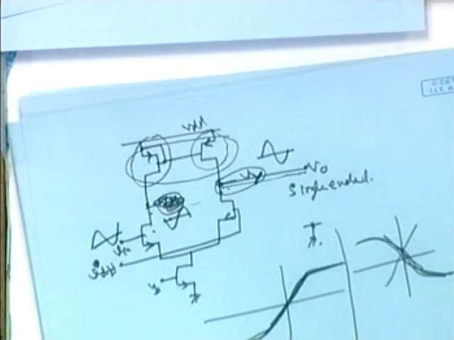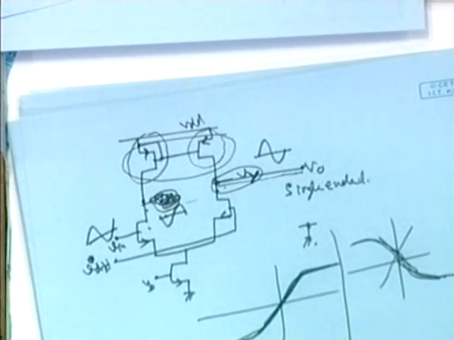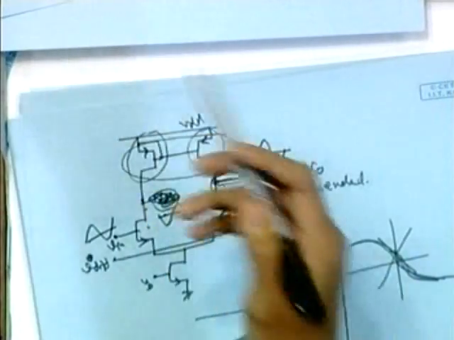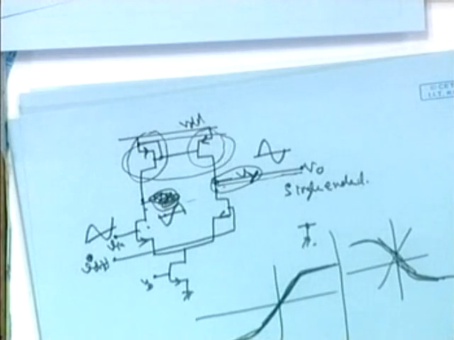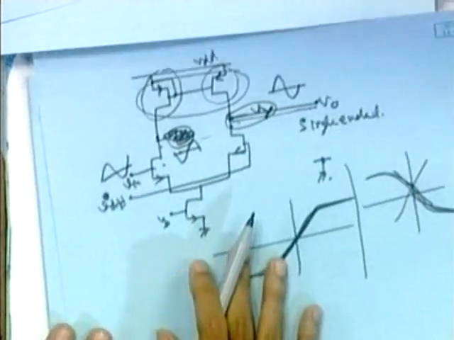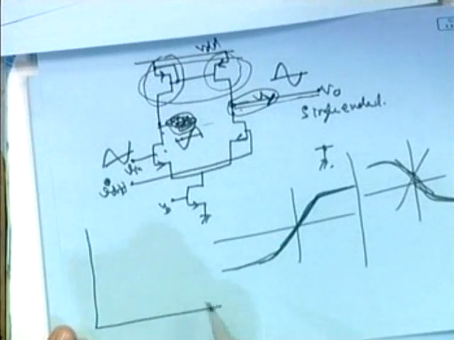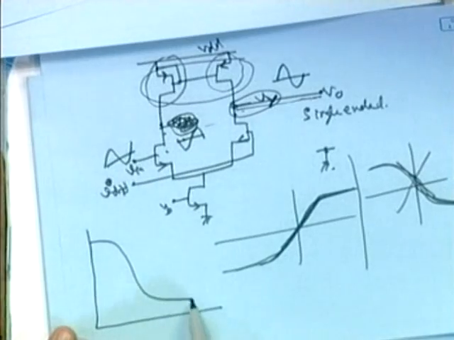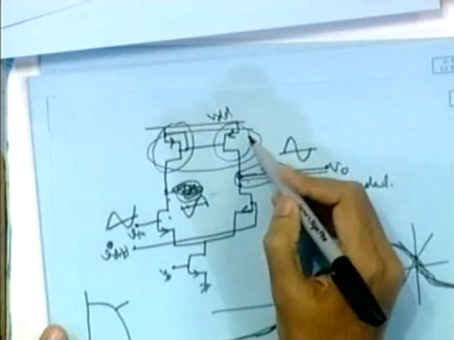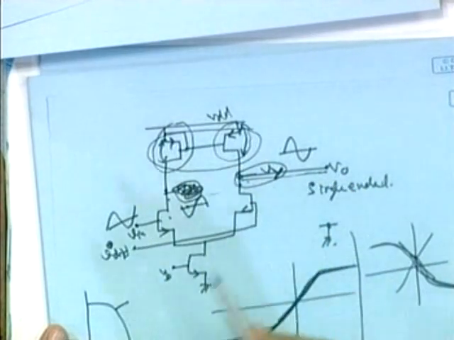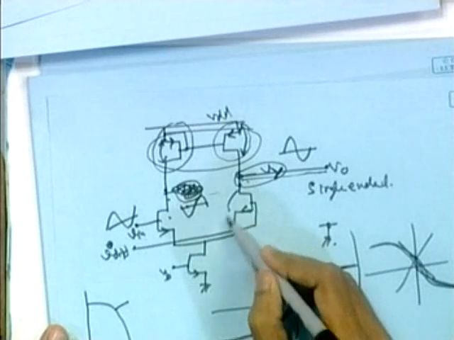So after this cascode structure, you can also have a folded cascode. You can fold your input device in another way to reduce your overdrive, because whatever circuit you design, your transfer characteristic will look like this. The upper limit will be limited by the overdrive of these transistors, and the lower limit will be limited by the overdrive of this and that transistor.